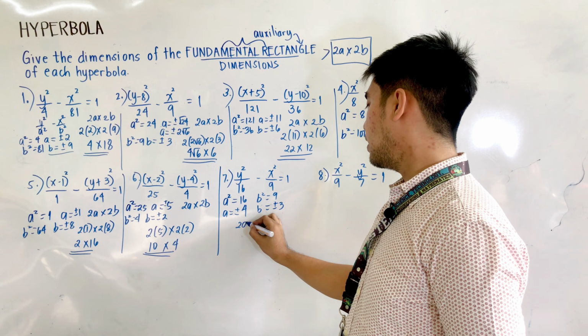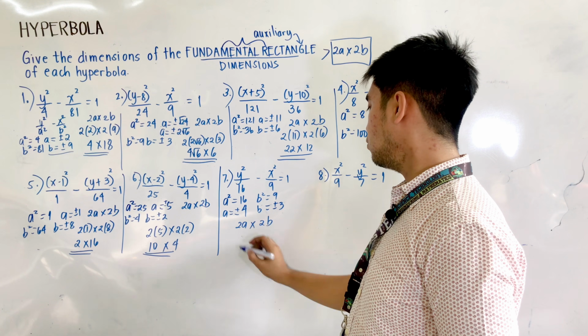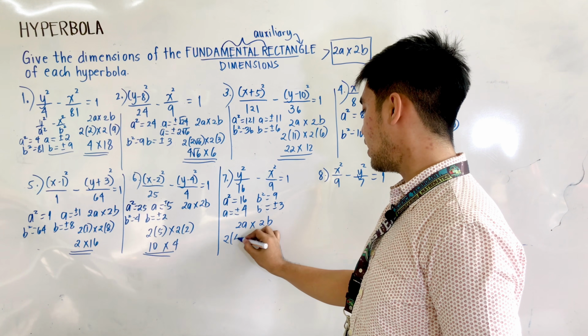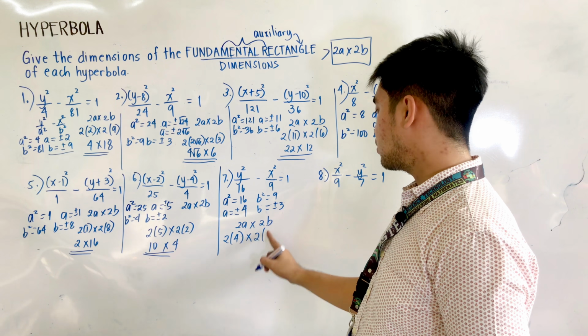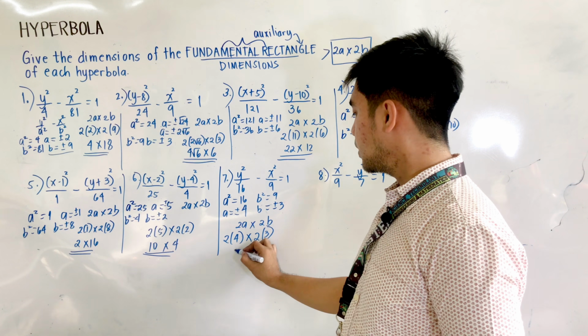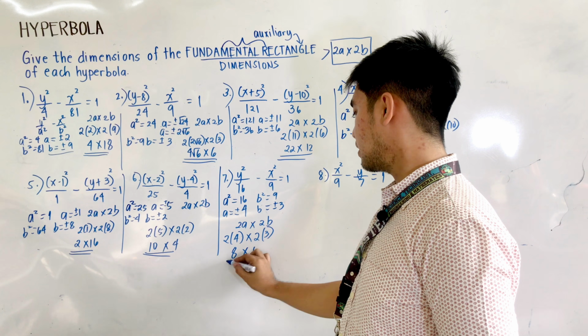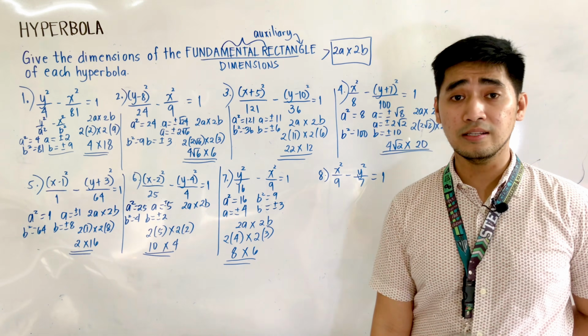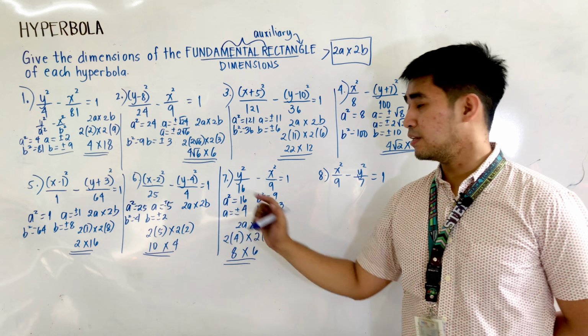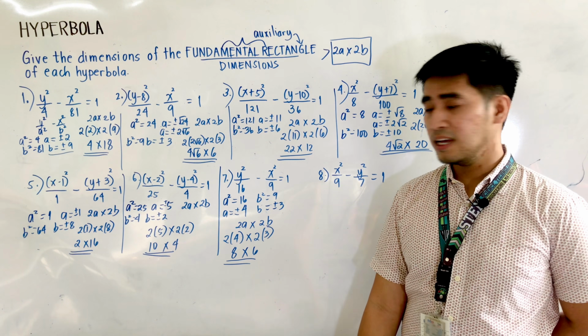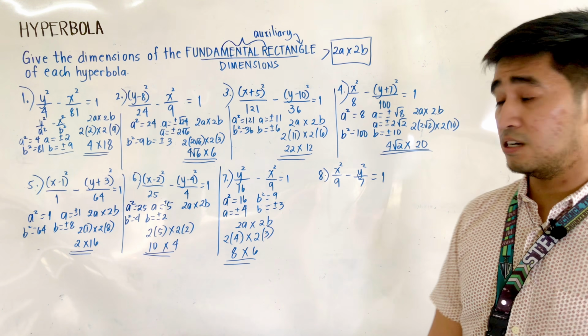Using again the formula for the dimension 2a by 2b, substituting the values of a and b, that is 2 times 4 by 2 times, what is our b? 3. Okay, so this becomes 8 by 6. 8 by 6 now is the dimension of the auxiliary rectangle given the equation y squared over 16 minus x squared over 9 is equal to 1.